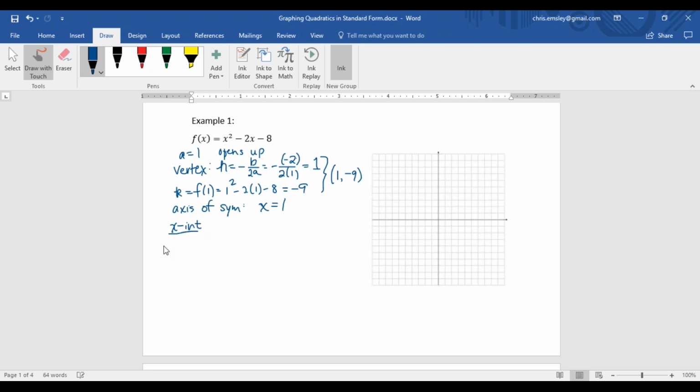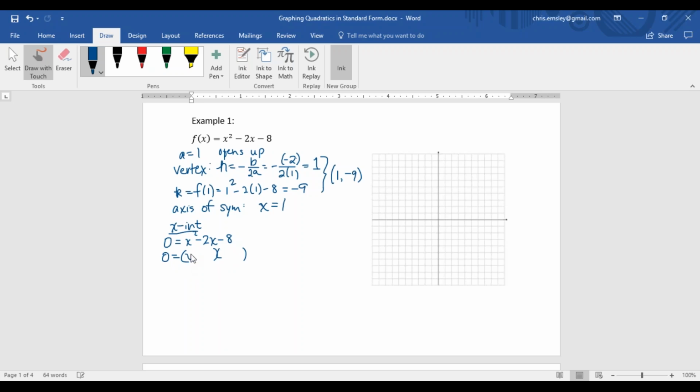Our x-intercept, put 0 in for y, or f of x. To solve this little equation we have here now with 0 plugged in, we need to use one of our quadratic solving techniques. I think most often when we're graphing, you'll probably either factor or use the quadratic formula. This one I think is a pretty easy factor, so we might as well do that.